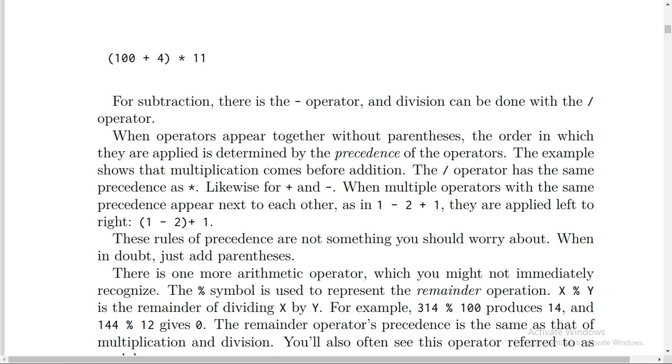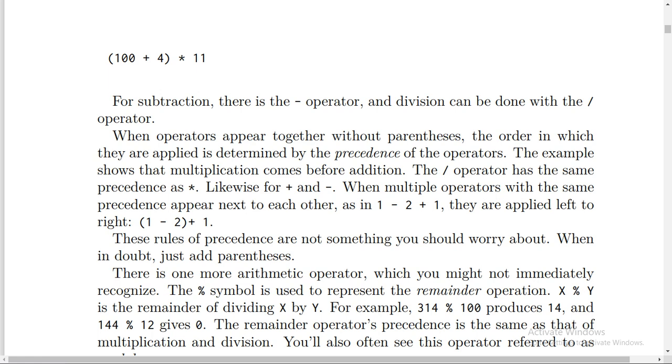The example shows that multiplication comes before addition, and the divide operator has the same precedence as multiply. Likewise for plus and subtract. When operators with the same precedence appear next to each other, as in 1 - 2 + 1, they are applied left to right: (1 - 2) + 1.